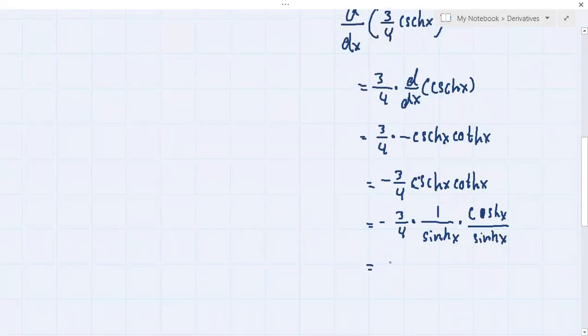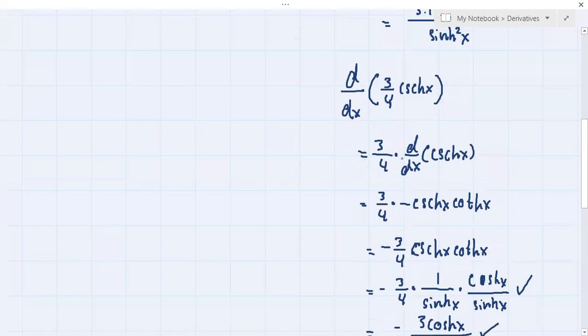So yun, ipag-combine mo lang sila, you will have negative 3 times cosine hx all over 4 times sine h squared of x. So yun. Ang bilis ko magsalita, no? Pero basically, yeah, derivative ng cosecant hx is negative cosecant hx times cotangent hx. Then combine them together, ito na maging sagot mo.